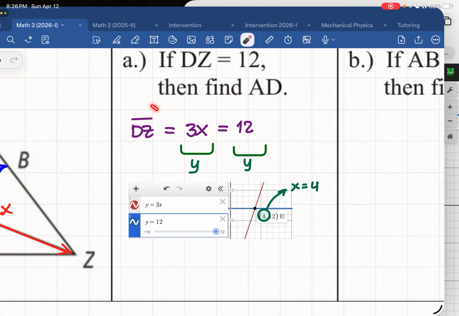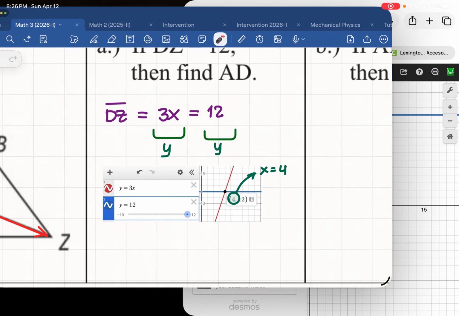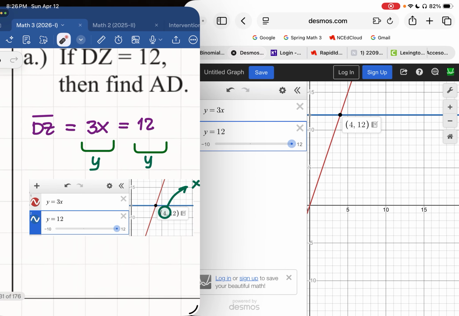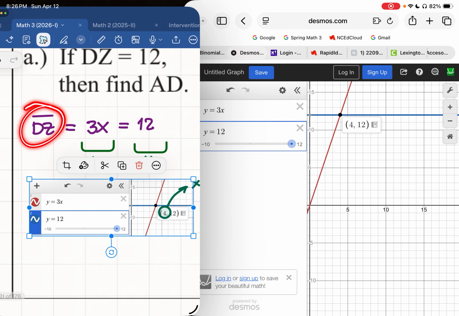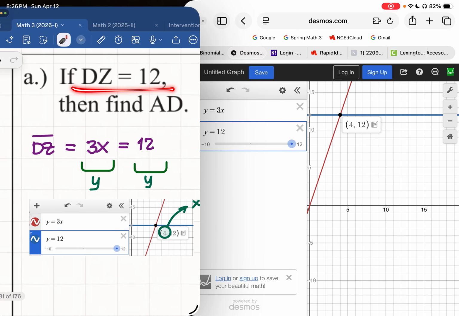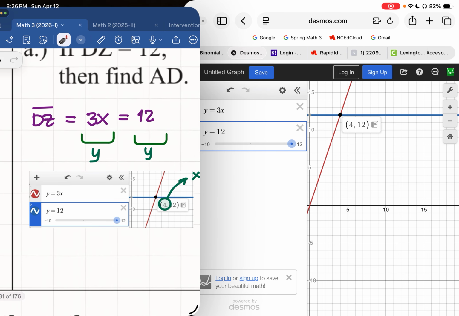You're gonna tell me, why didn't you put this part in the equation? Of course, this is just explaining that the segment DZ is equal to 3x, but at the same time I know that 3x is 12 according to the exercise, right? So you don't have to put this when solving the equation. This is just additional information that they're giving you in order to identify how to create the equation, okay?